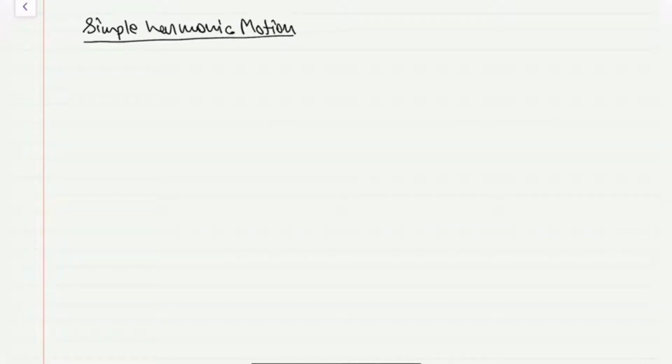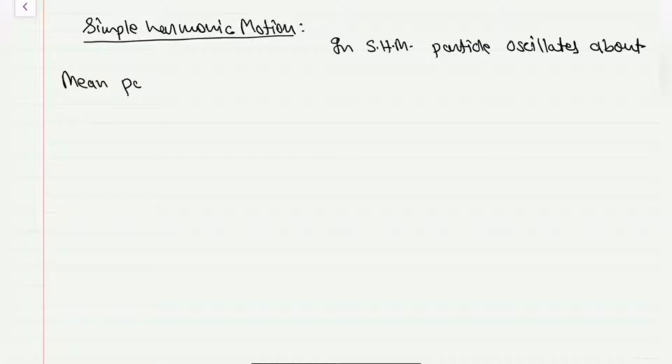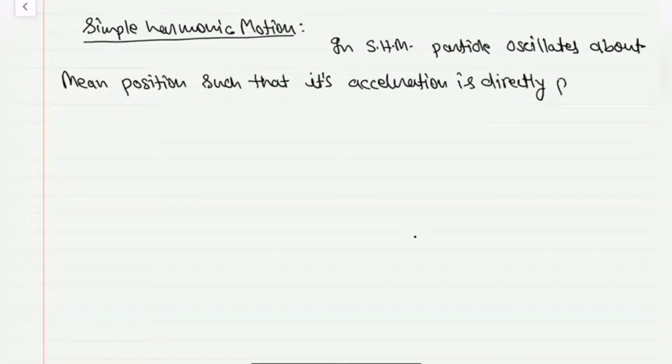In simple harmonic motion, or SHM, a particle oscillates about the mean position such that its acceleration is directly proportional to its displacement from the mean position.